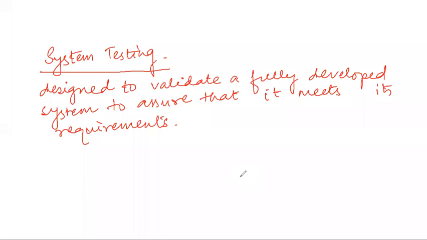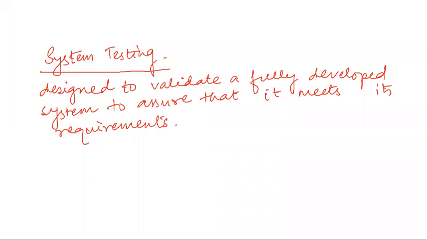That is, after the system is unit tested and integration tested, only then will the entire developed system move on to the system testing part. And what are we doing in system testing? We simply check one thing: what we wanted to offer before starting this product development, are we able to offer that or not?